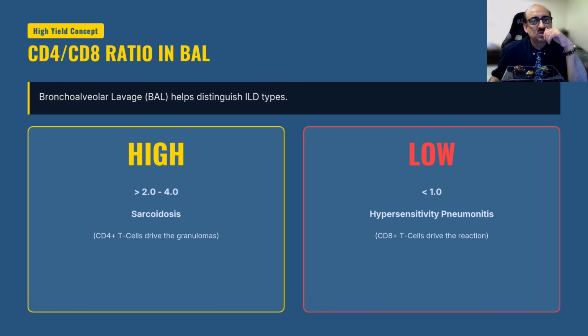In sarcoidosis, the ratio is usually above 2, so 2 to 4 is the usual ratio, because CD4 plus T cells drive the granulomas. While in hypersensitivity pneumonitis, it's the CD8 plus cells which drive the immune reaction, so the ratio is low. So the CD4 to CD8 ratio will be high in sarcoidosis and low in hypersensitivity pneumonitis.